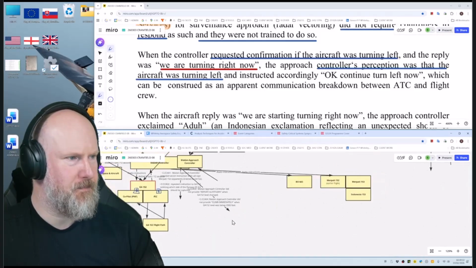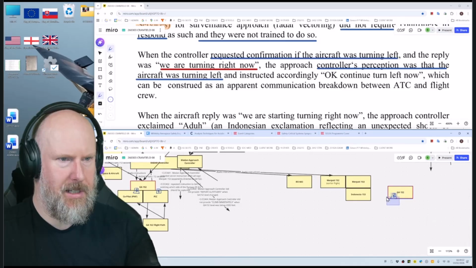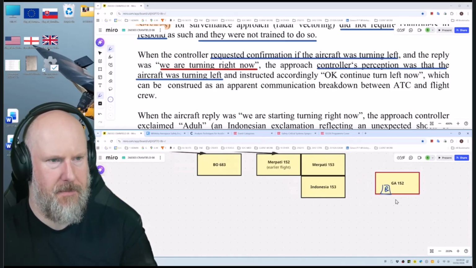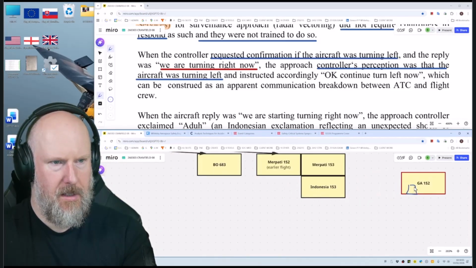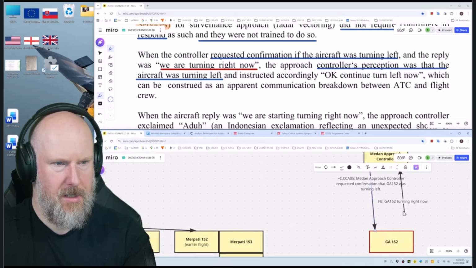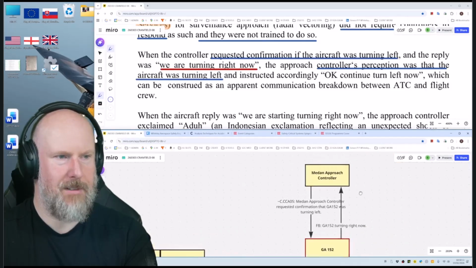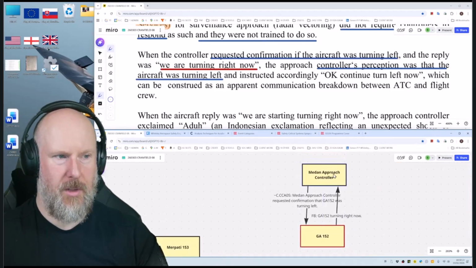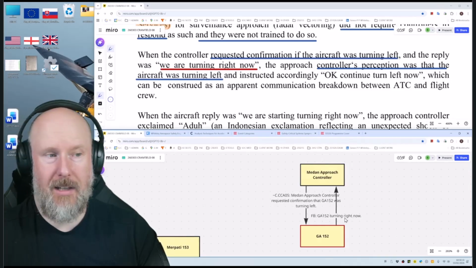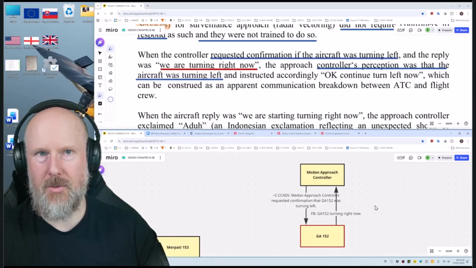So let's stick this over here. So they were communicating with GA152. GA152 is turning right now. Now, did the Medan approach controller hear that and recognise that they said they're turning right now instead of turning left as they were instructed?